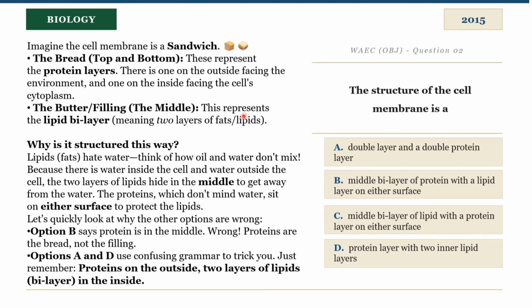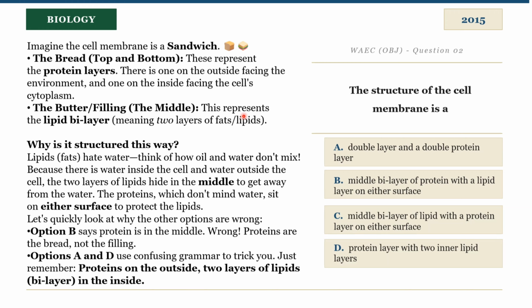They are hydrophilic, so that means they can sustain water, while the inner layer, the lipid layer, is the butter, the inner of the sandwich. It is hydrophobic. Hydrophobic meaning it fears water. So now, since we know they are hydrophobic, we can use that and answer the question.